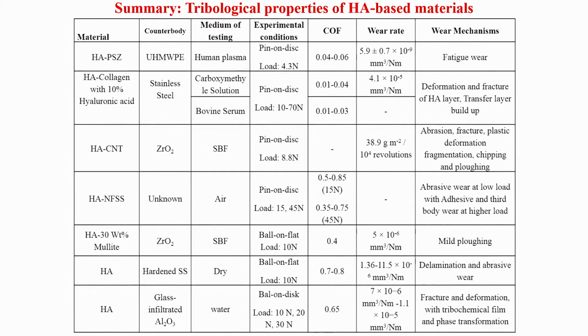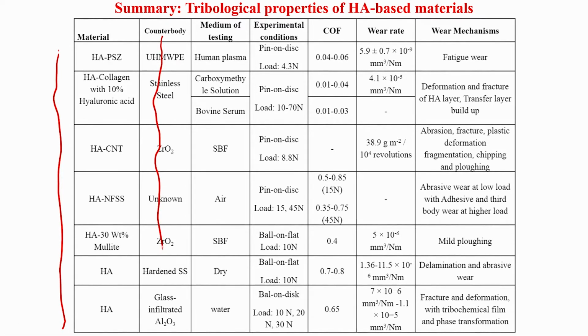Now, this is what we published 4 or 5 years ago, a summary of the tribological properties of hydroxyapatite based materials. What you notice here is that along the leftmost column, hydroxyapatite based materials are there. What is the counter body?